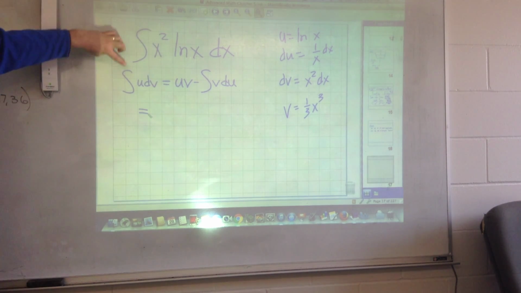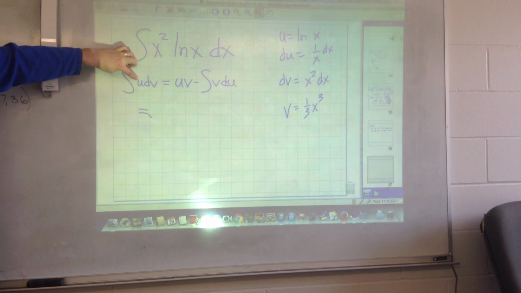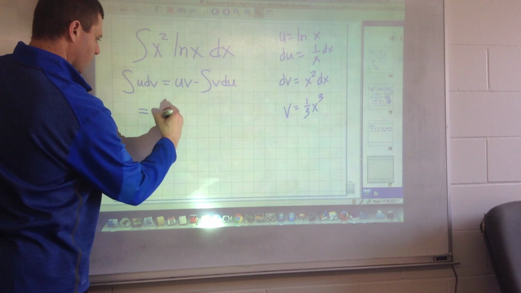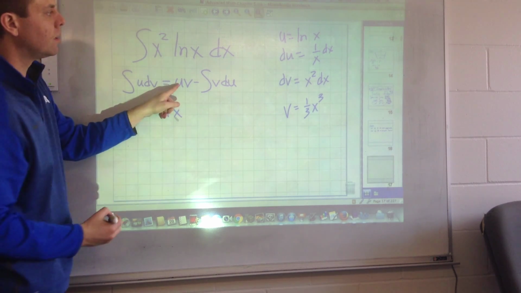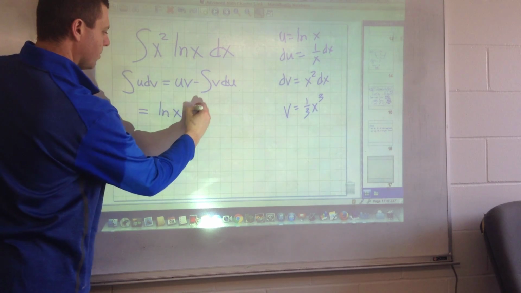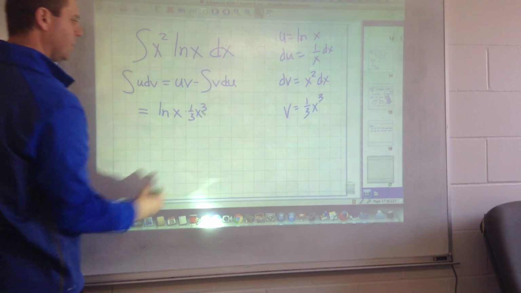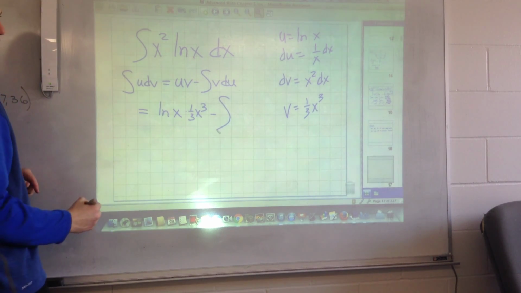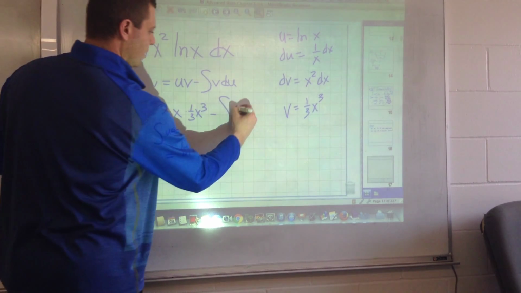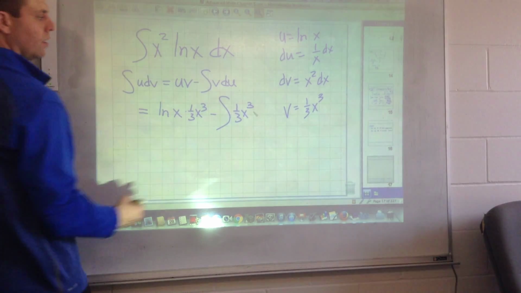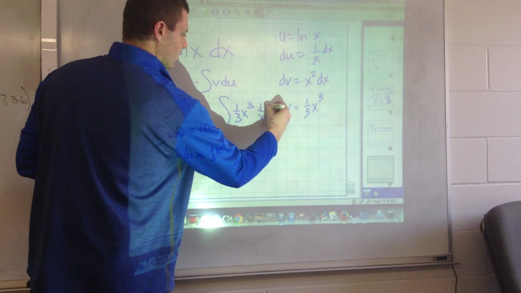So I rewrote the stuff over there so this matches the u dv part. So ln x times 1/3 x cubed, minus the antiderivative of 1/3 x cubed times 1 over x dx.